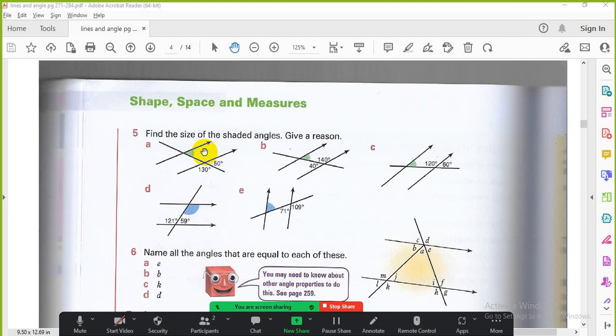Okay, clear? Yes, sir. B. What is the answer? Marked angle.